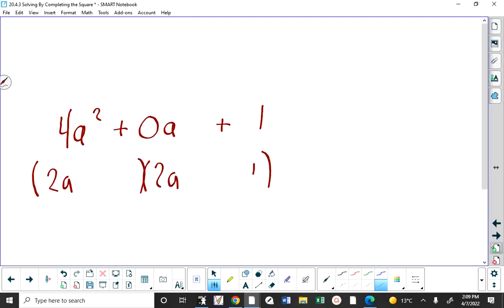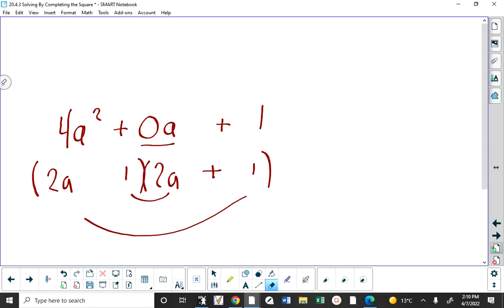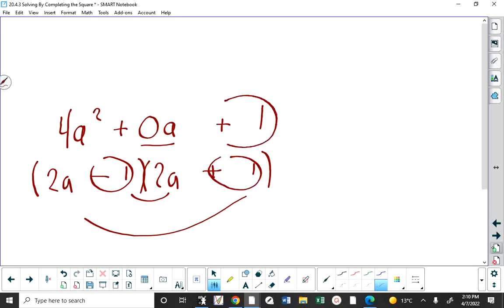The only way you're going to get 1 is to have 1 and 1. And the only way you could get 0a is if this and this are opposite of each other, which means one of these has to be positive and one of these has to be negative. But when we multiply the negative 1 by the positive 1, we don't get positive 1. We get negative 1.